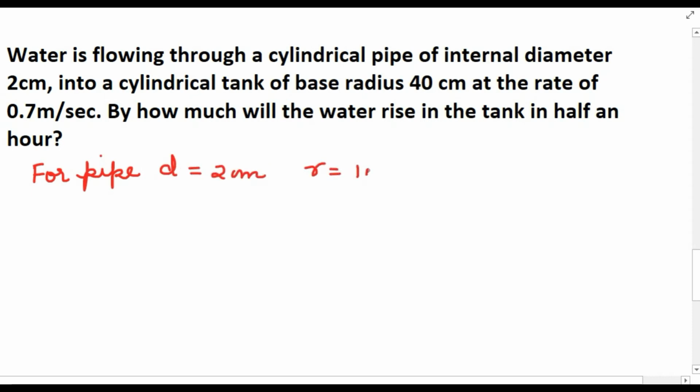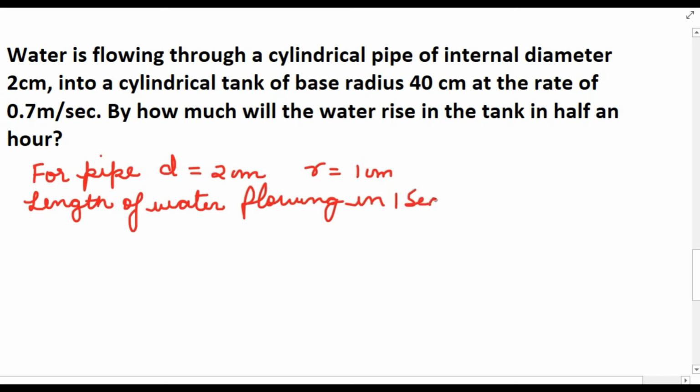Therefore the radius will be 1 centimeter, and the length of water flowing in 1 second they have given as 0.7 meter, that is h will be 0.7 meter.